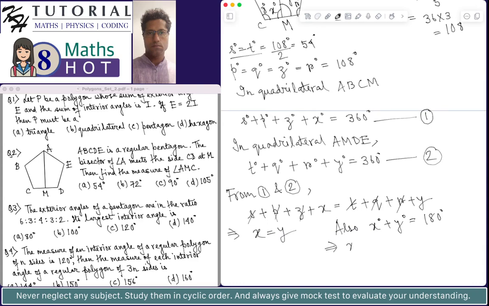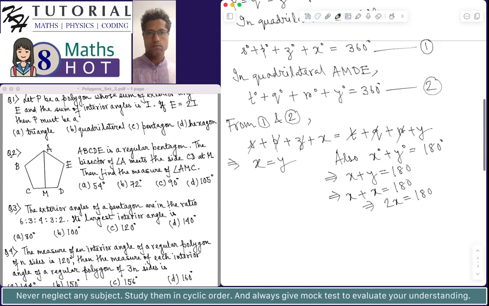This means that x plus y is equal to 180, and we have already found that x is equal to y, so we can say x plus x is equal to 180. So this implies 2x is equal to 180, so x is equal to 180 by 2, which is 90.